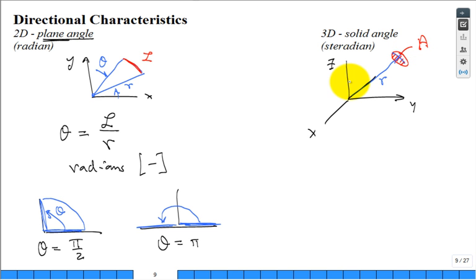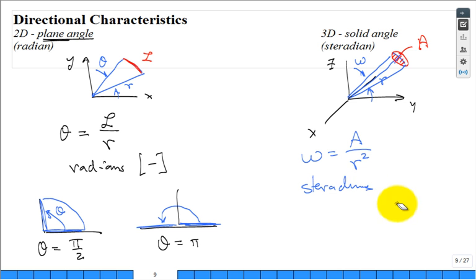And then we talk about this being not just an easy angle to do, but a solid angle, omega. And that omega angle is the ratio of A divided by that distance squared. And it's measured in units of steradians, or steradian.